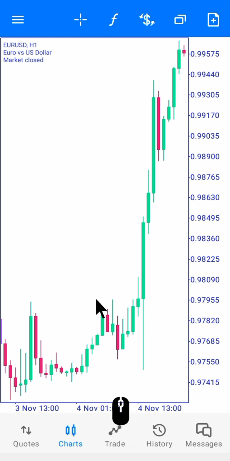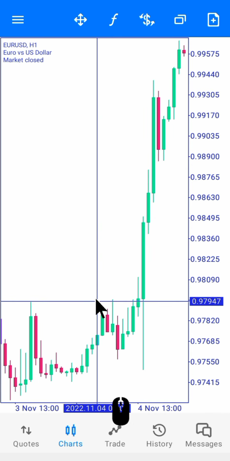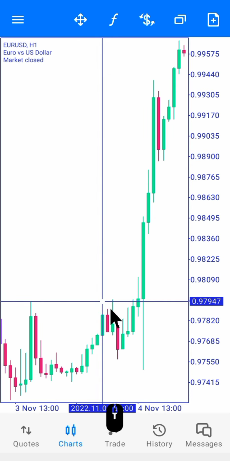You can say when the market reaches here, it means you expect this market to keep on buying. So what you are going to do, you are going to set what you call a buy stop. It means when the price reaches this point, your order will be executed automatically, and when it starts buying, you will be in profits.